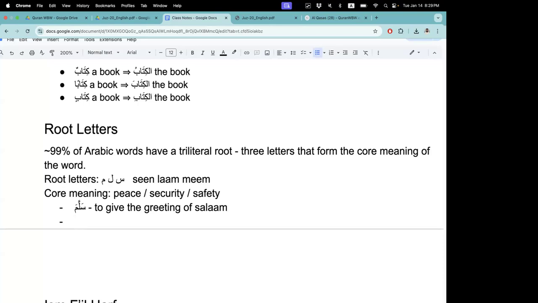Then you have the word salam, the greeting of peace. It's one of the names of Allah, As-Salam, the one who gives peace. Same 3 root letters: sin, lam, and mim. There's an additional letter here, alif, but that is okay. The core remains those 3. We have another one.